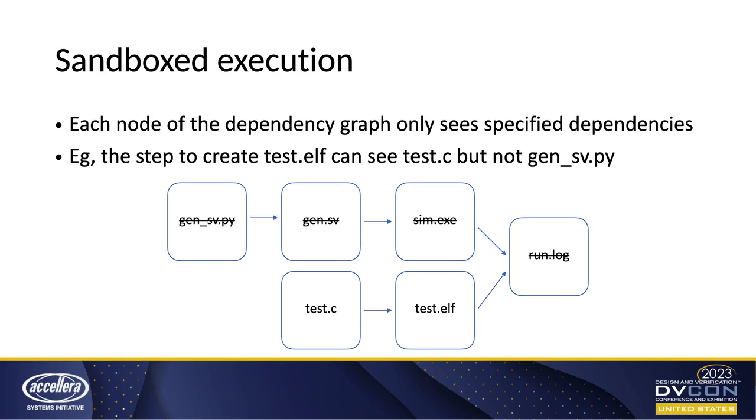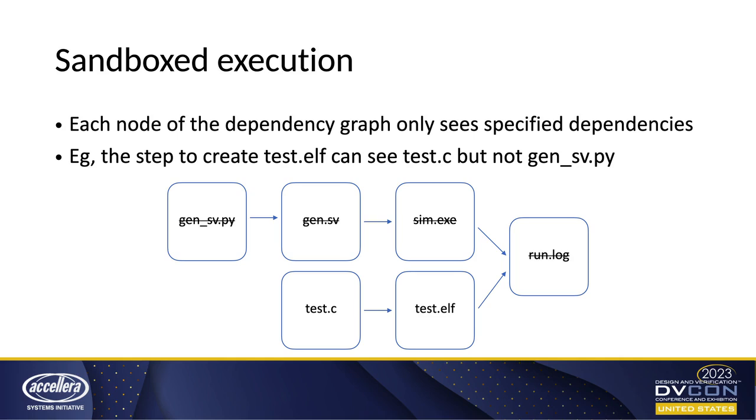So what Bazel will do is each of these nodes, or each of these lines rather, specifies a command to run. And Bazel knows, for example, that to generate test.elf, it needs test.c, but it doesn't need gen_sv.py.